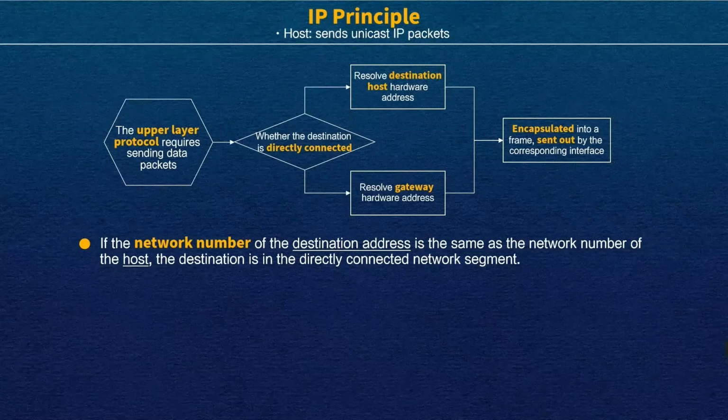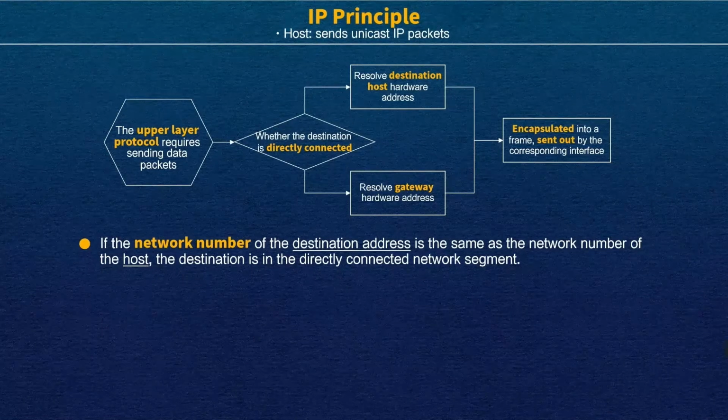If not, we will request the gateway's hardware address. So the key point is that we have to check whether the destination IP is directly connected or not.